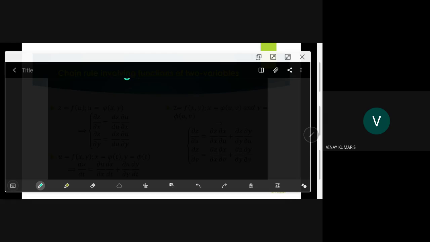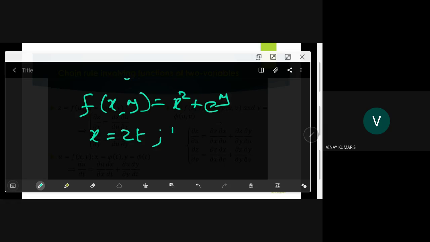I'll show you. So for example, our f(x,y) in this context is, say, x² + y, simple term, or x² + e^y. Now say x is equal to 2t, y is equal to sin t. If you label this as u, I can talk about what is du/dt.